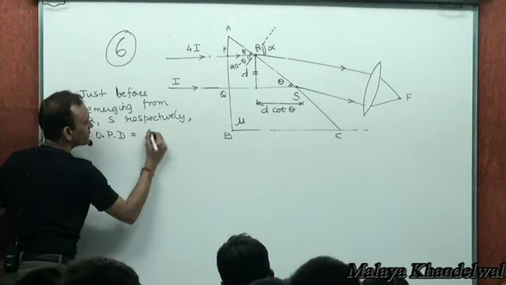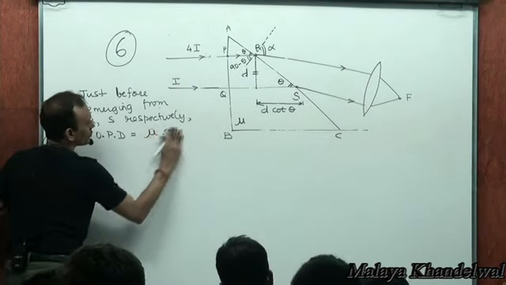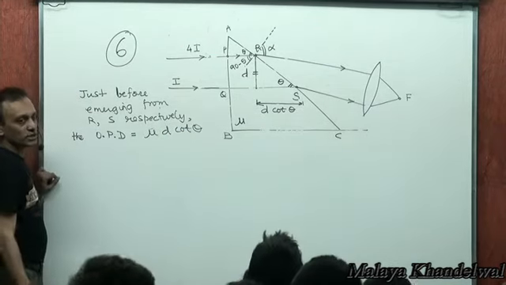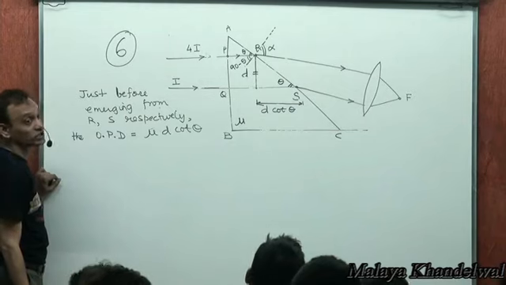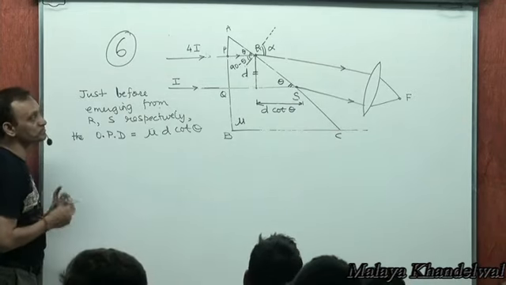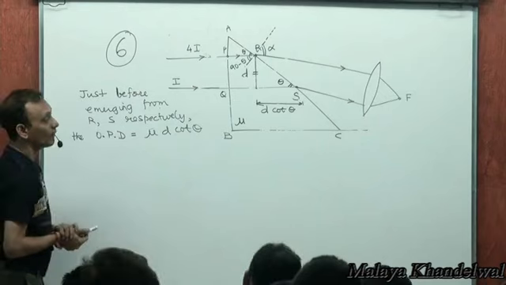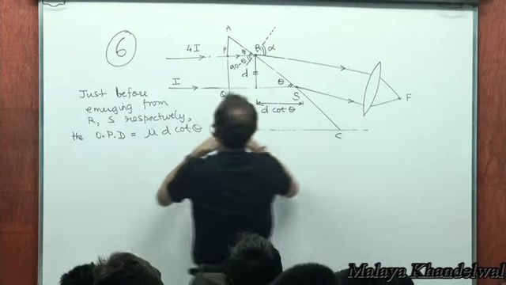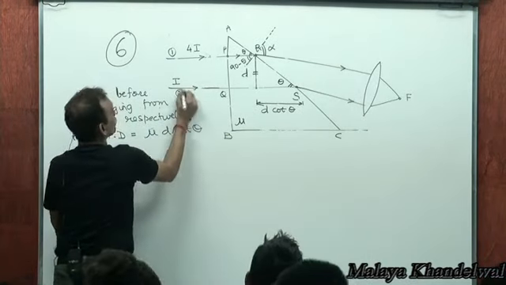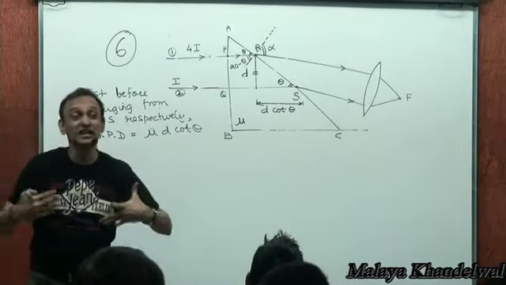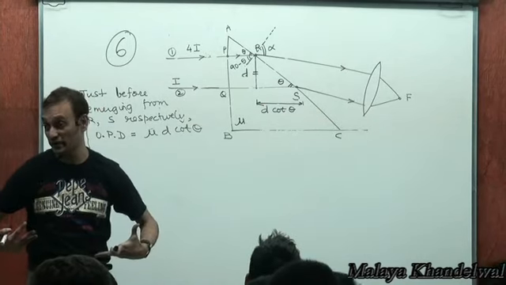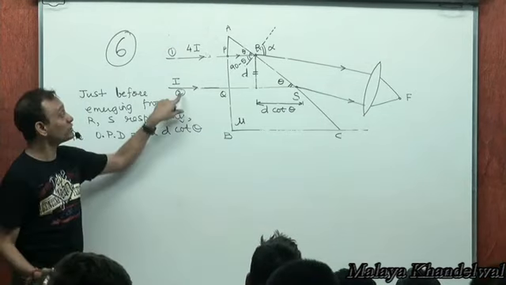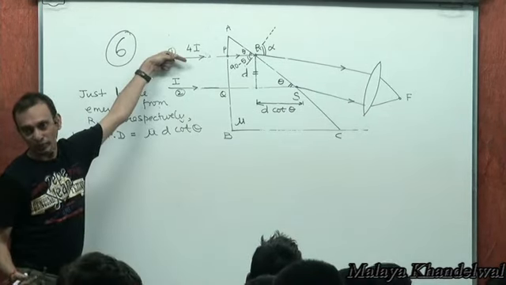Mu times d cot theta. d cot theta is the geometrical difference, mu times d cot theta is the optical path difference. Let me call these 1 and 2. Beam 2 has an additional optical path of mu d cot theta over 1 before it emerges.